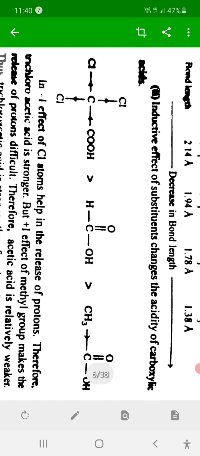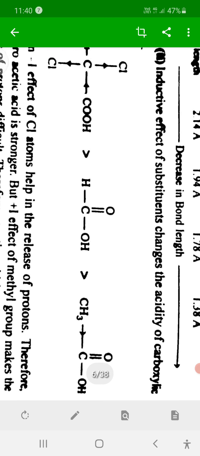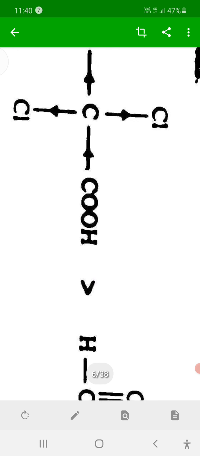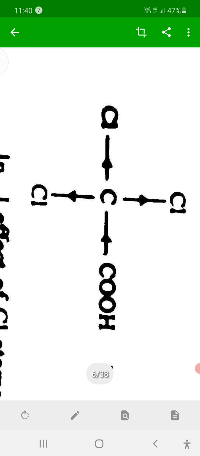Next is the second application. As inductive effect of substituents changes, the acidity of carboxylic acid changes. See here, 3 minus I groups are there, electron withdrawing groups are there.